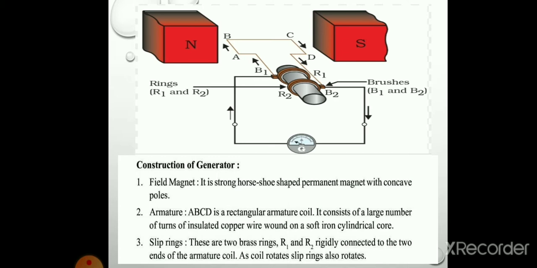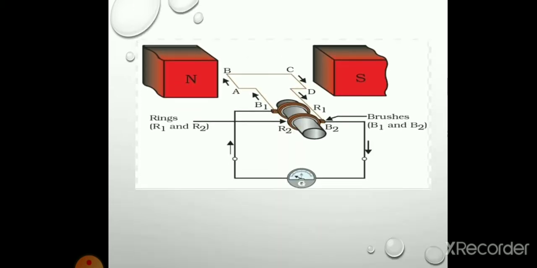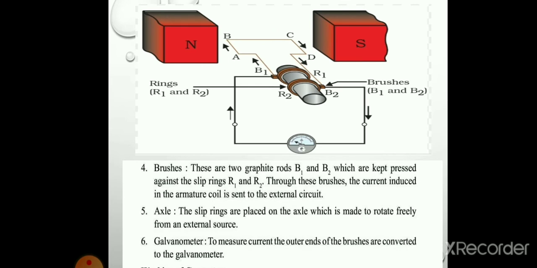Next you can see here the brushes. The rings are attached with the brushes B1 and B2. These two graphite rods B1 and B2 are kept pressed against the slip rings R1 and R2. Through these brushes, the current induced in the armature coil is sent to the external circuit. Next, axle.